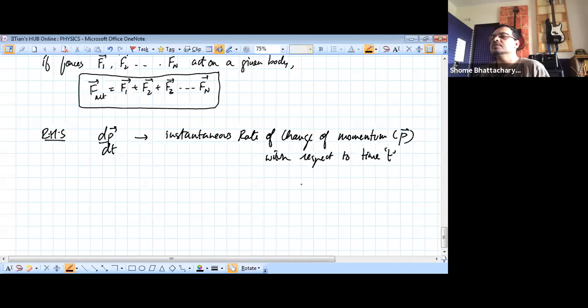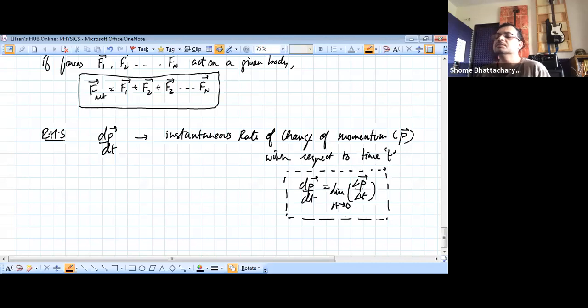In calculus language, what we mean by dp by dt is the change in momentum over a very small amount of change in time. So we apply this as a limit that delta t tends to 0. That calculus definition of instantaneous rate of change, dy by dx, is delta y by delta x for a very small delta x. So that is what we mean by this.